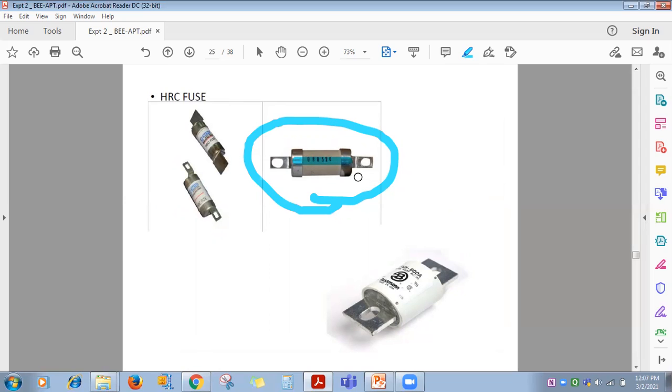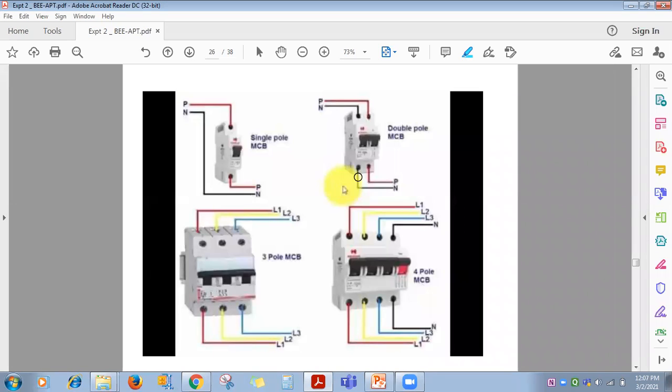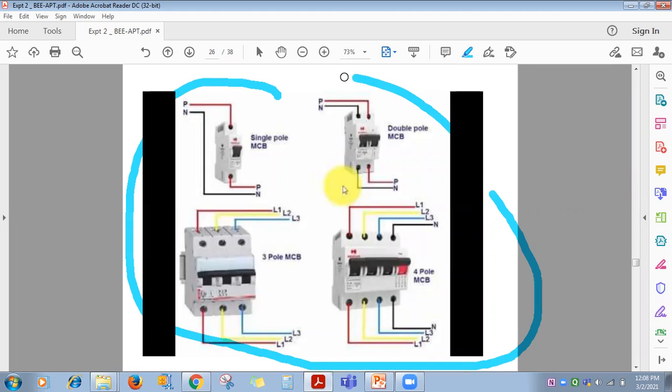So both the KitKat fuse, rewirable fuse, and high rupturing capacity fuses are being replaced by the MCB, miniature circuit breaker. Its installation cost is more. But once you install it, you don't have to frequently rewire it. Even if it operates, you don't have to throw it away or reinstall it.